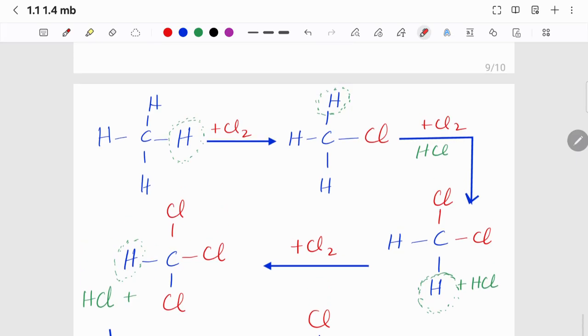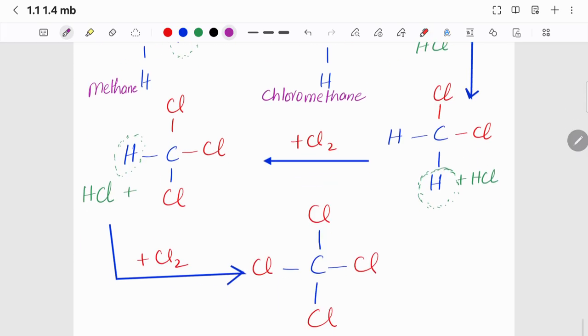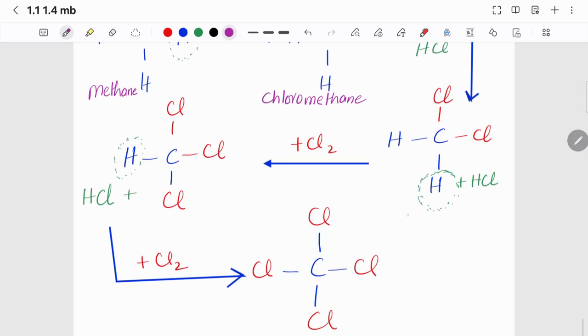Let me write their names. This is of course methane. We have added 1 chlorine here, so it can be chloromethane because we just have added 1 chlorine here. Now 2 chlorine has been added here, so the name for this molecule would be dichloromethane.